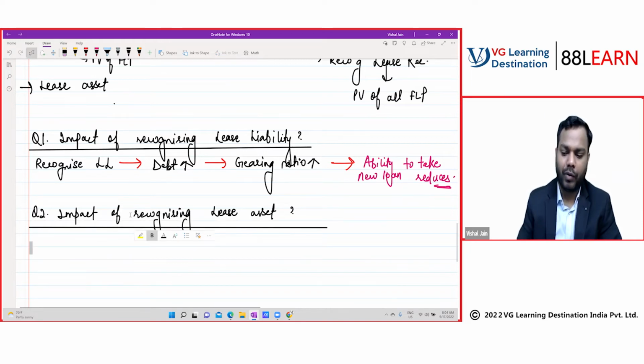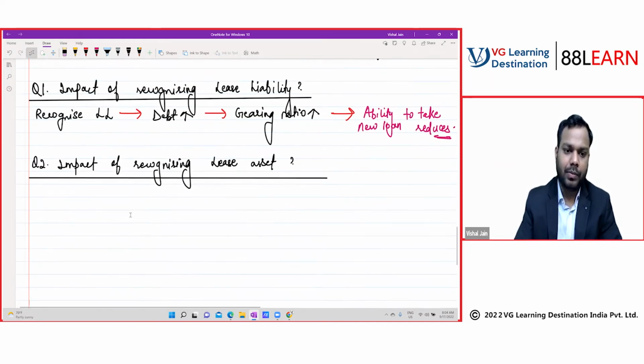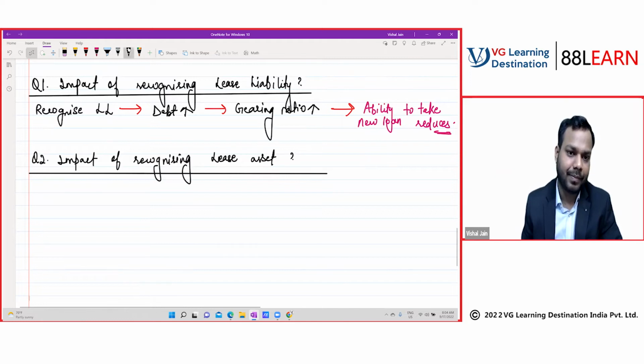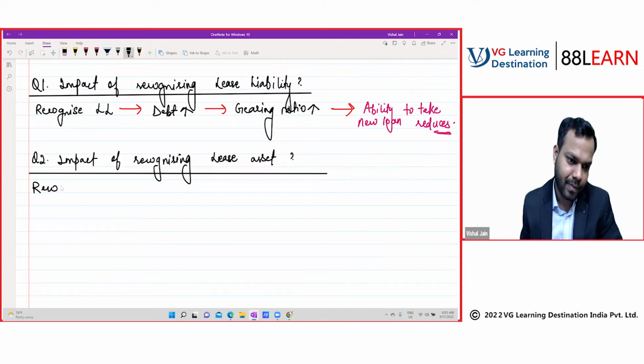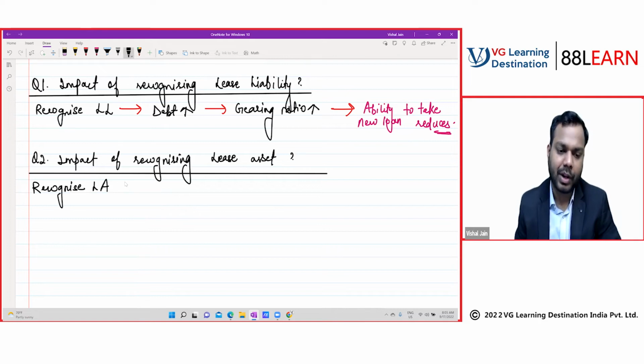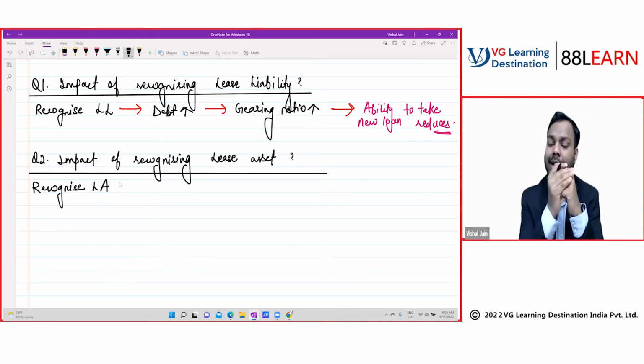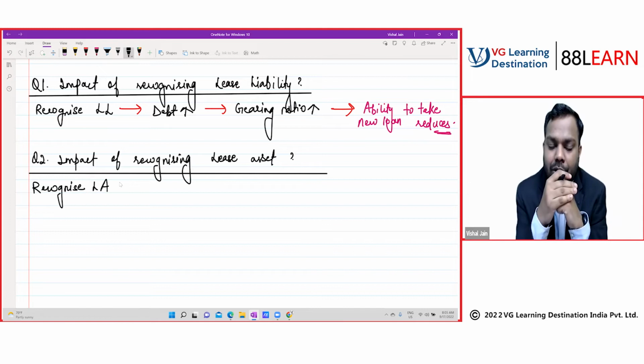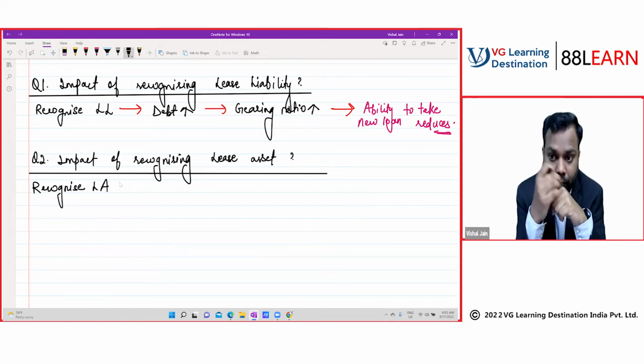If you recognize lease asset, then what will happen? Think negatively and tell me what can be the negative consequences of recognizing a lease asset.